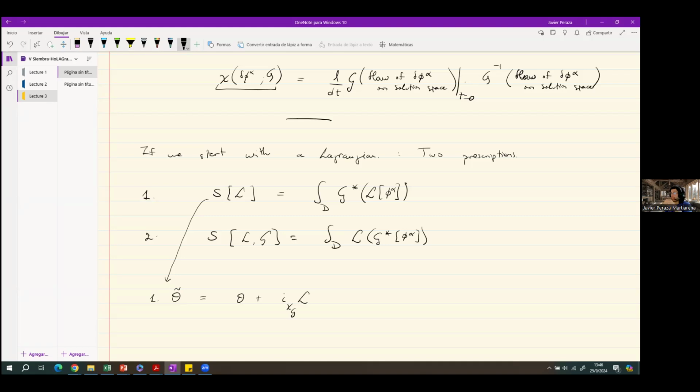So you have to remember that this chi is the differential of this embedding map, but the end result is a vector on space-time, which depends on G, on the embedding map.